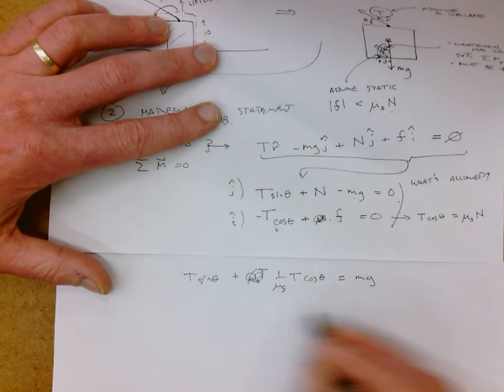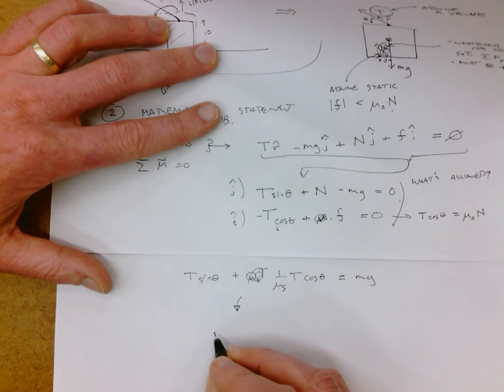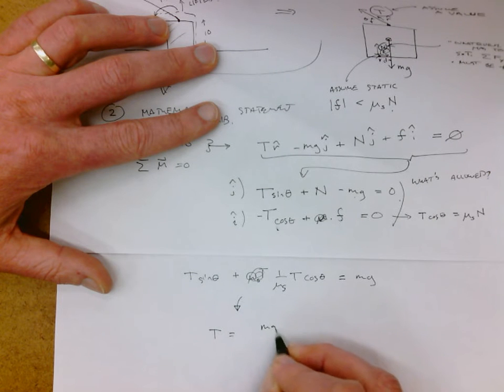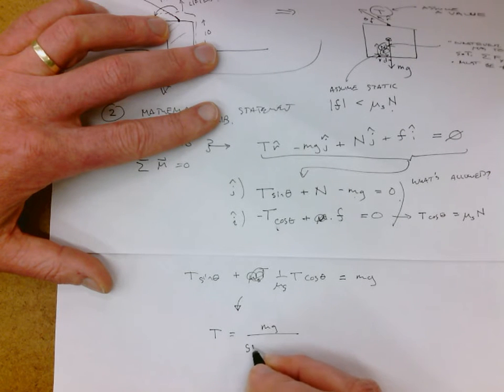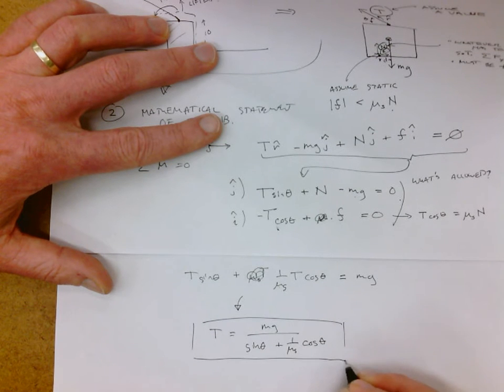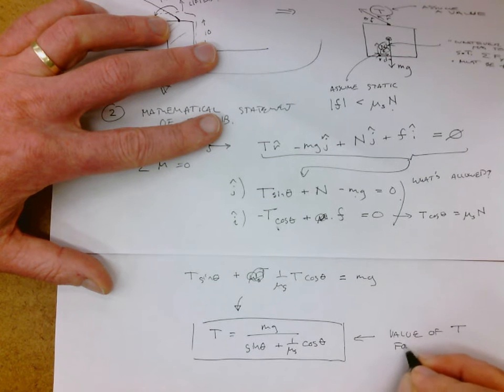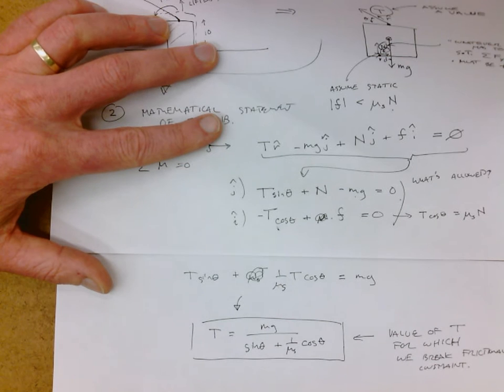So if we pursue that a little bit further, what we find is that T is equal to mg divided by sine theta plus 1 over mu sub s times cos theta. So what does that mean? That this is the T for which we break the frictional constraint.